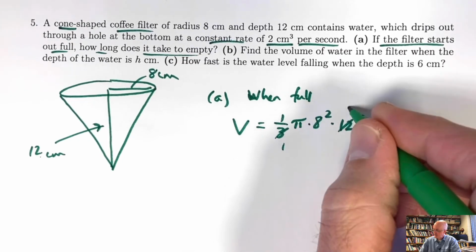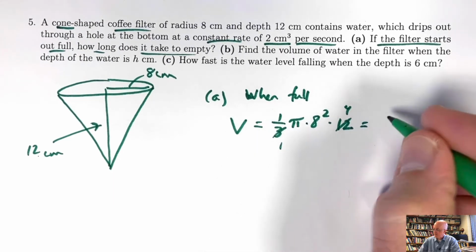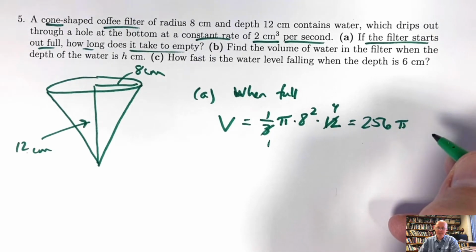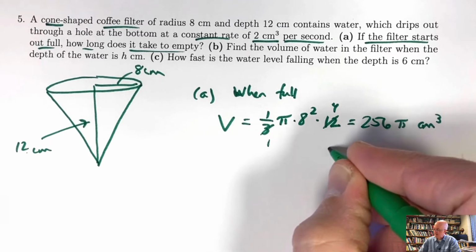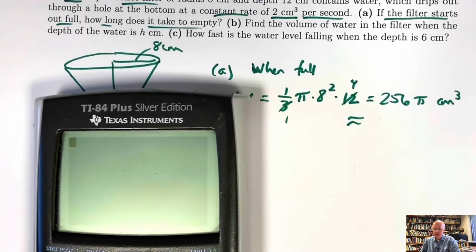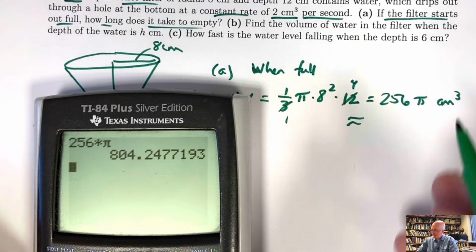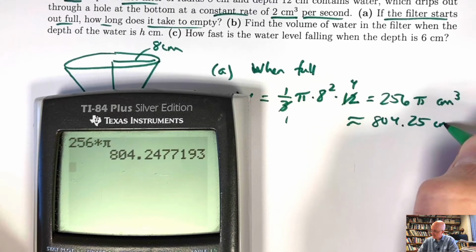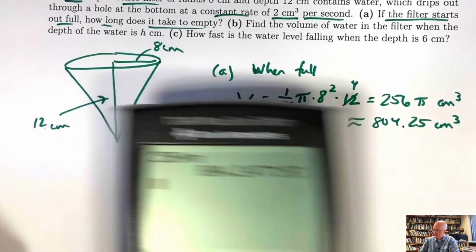The 3 cancels with the 12 to give 4. 8 squared, 64. 4 times 64 is 256. 256 pi cubic centimeters is the actual volume of this, and that is approximately 256 times pi, 804.25 cubic centimeters. Okay, I'll keep that number with more decimal places on my calculator.